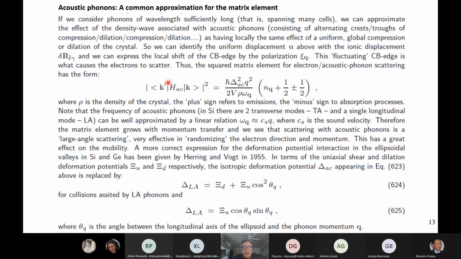So the region of the Brillouin zone spanned by K and K prime is not very large. Essentially we can forget the factor smaller than 1 that modulates our matrix element squared due to the overlap between the periodic components of the Bloch functions. So we can consider electrons as plane waves, forgetting the little u's in the expression for the Bloch functions.